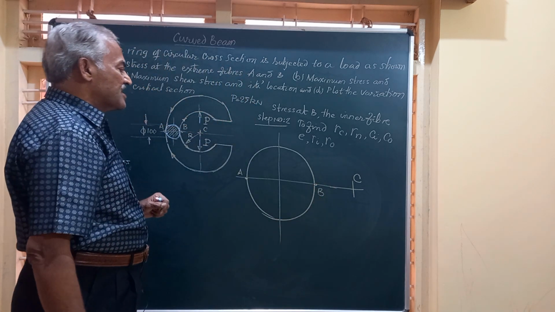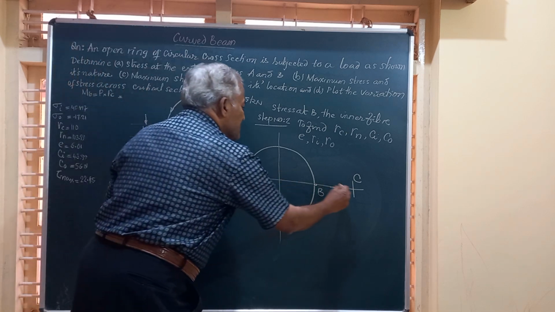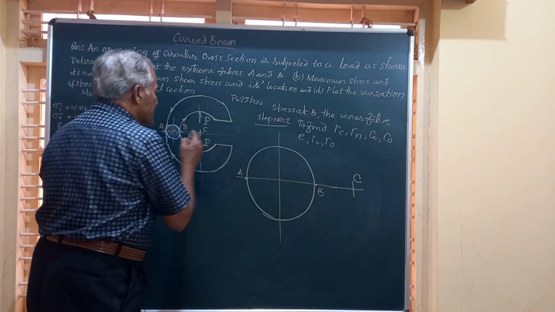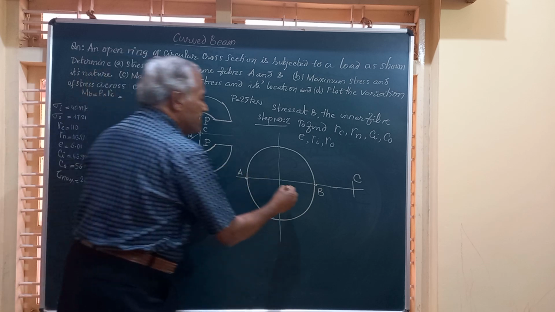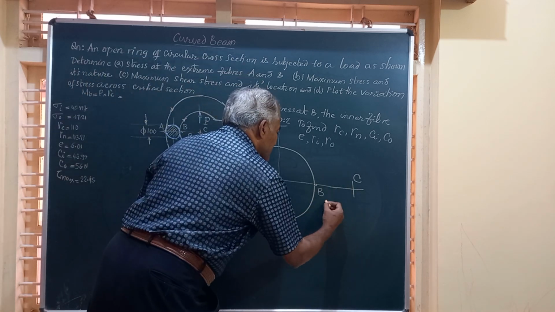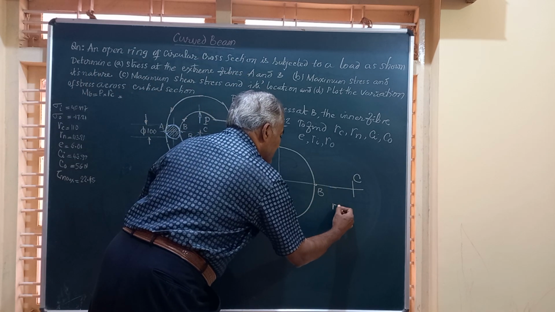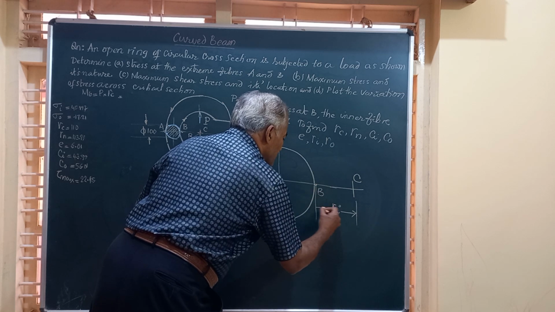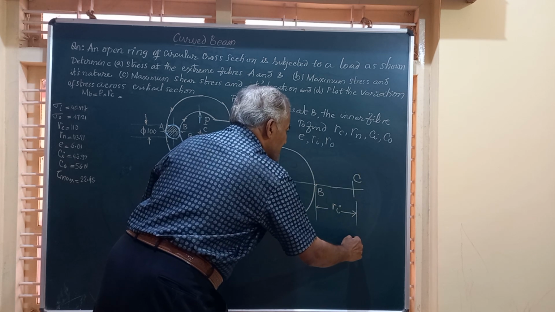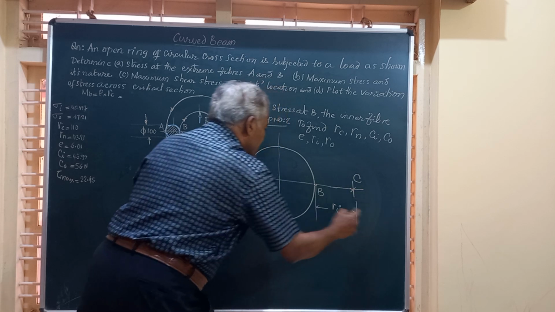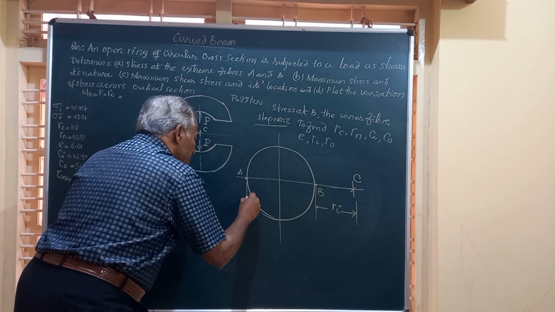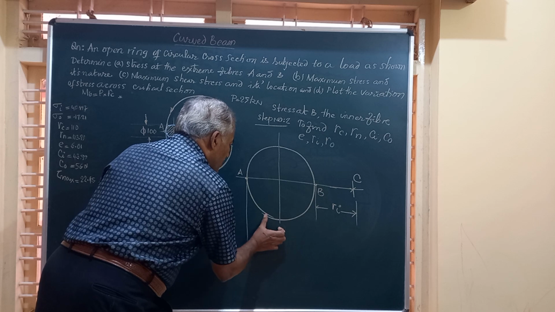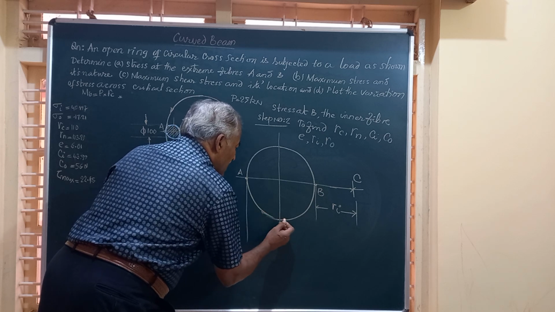And friends, here the distance from the center of curvature to the inside fiber B is called Ri. So write down here Ri. This is Ri, friends. And from the same center of curvature C till that last line is called Ro.